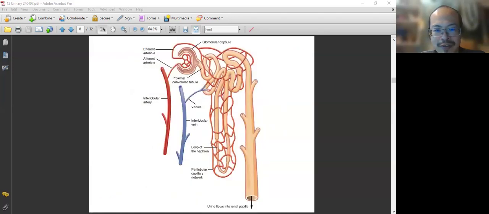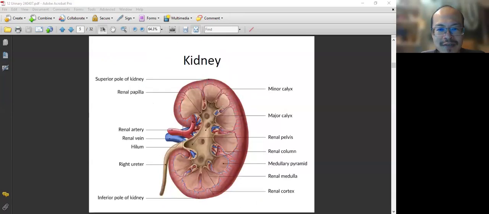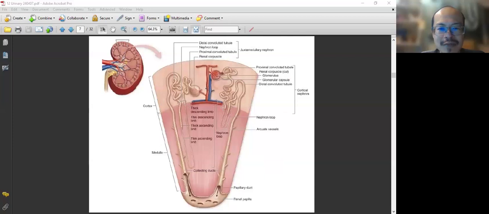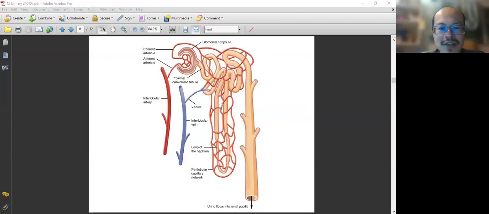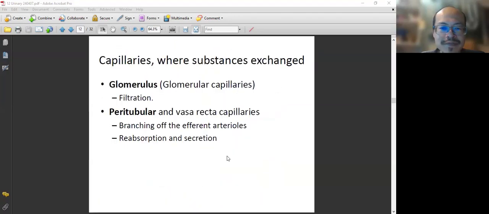These only say peritubular. So it's very common to just say peritubular because they are near the peritubule. But some others may also say vasa recta. We don't have a name like that here. That's all right. So that's peritubular. You can just remember it as peritubular.